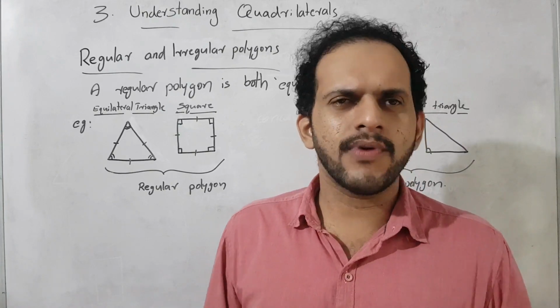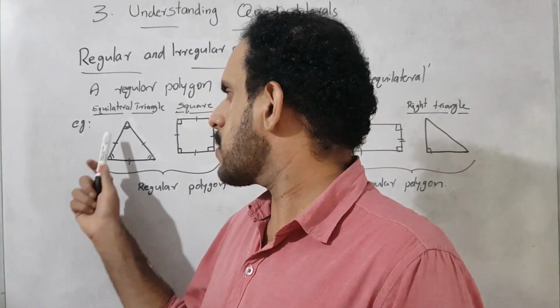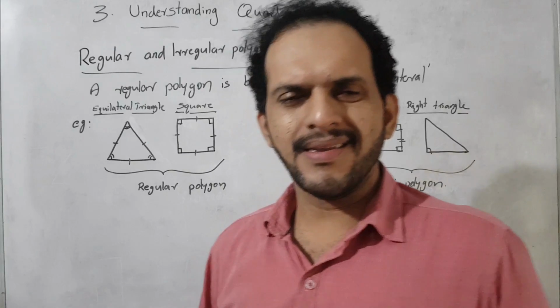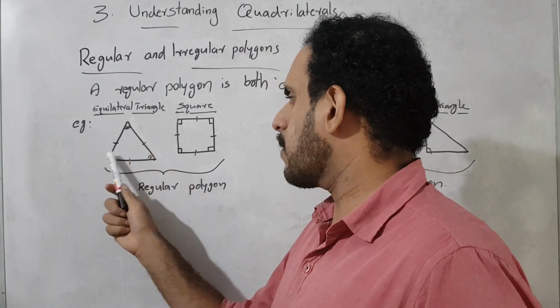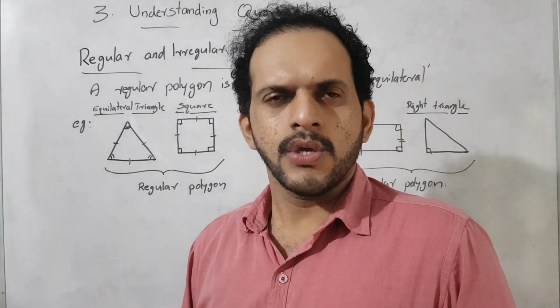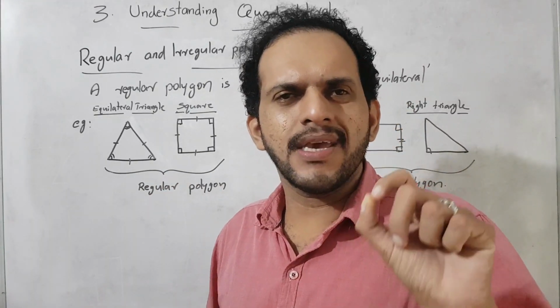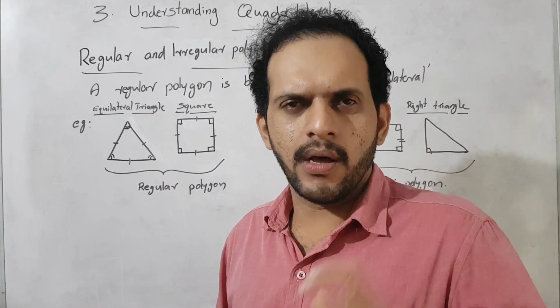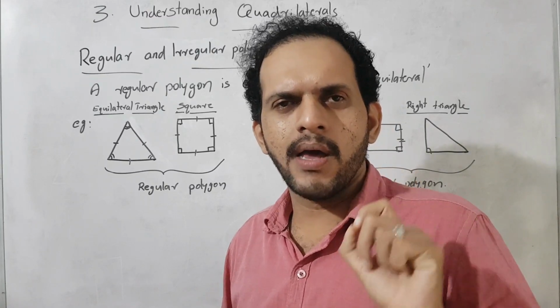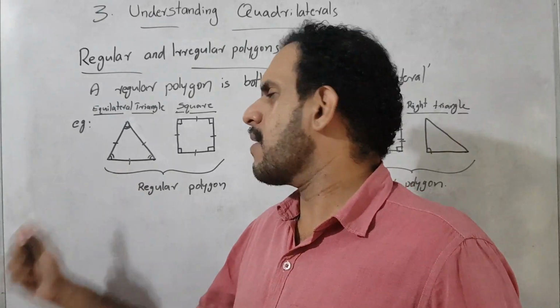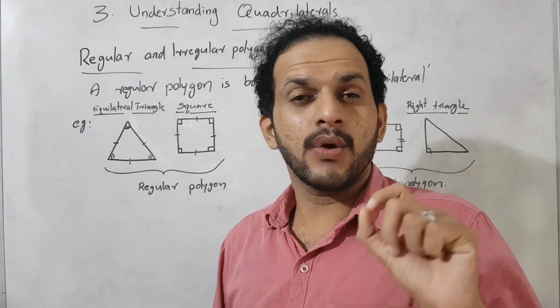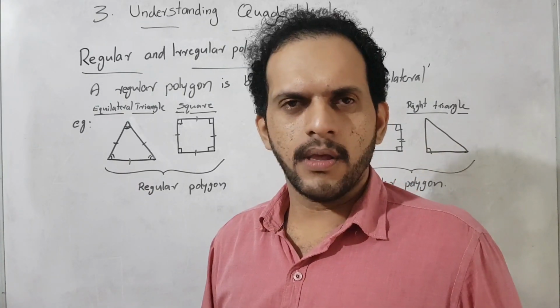We know that in an equilateral triangle, all sides are equal and all angles are equal. So an equilateral triangle is equilateral and equiangular, so it is a regular polygon. Clear?